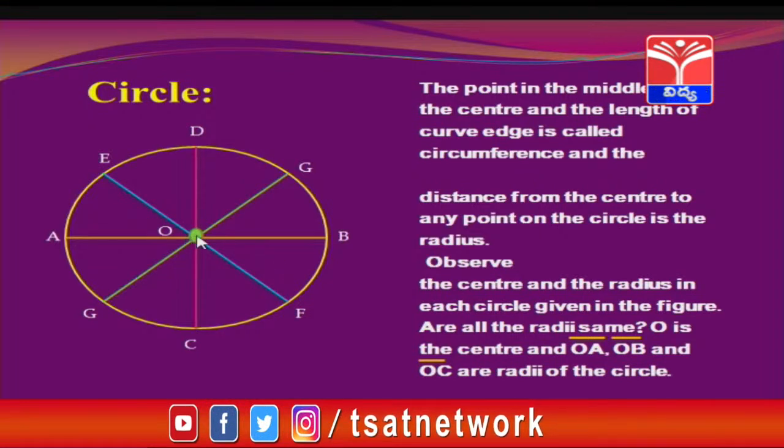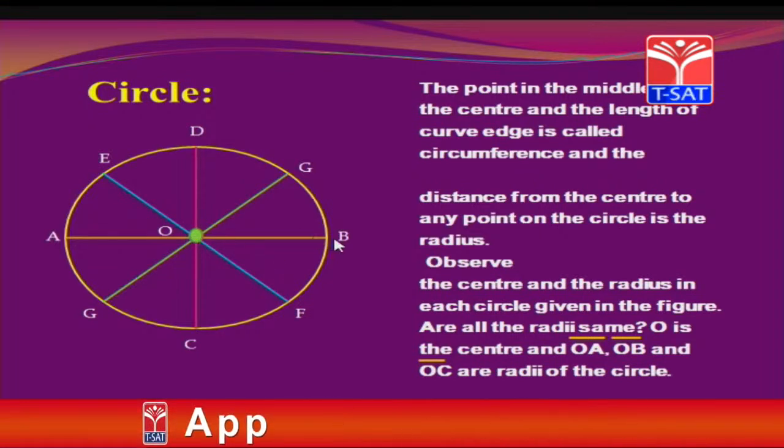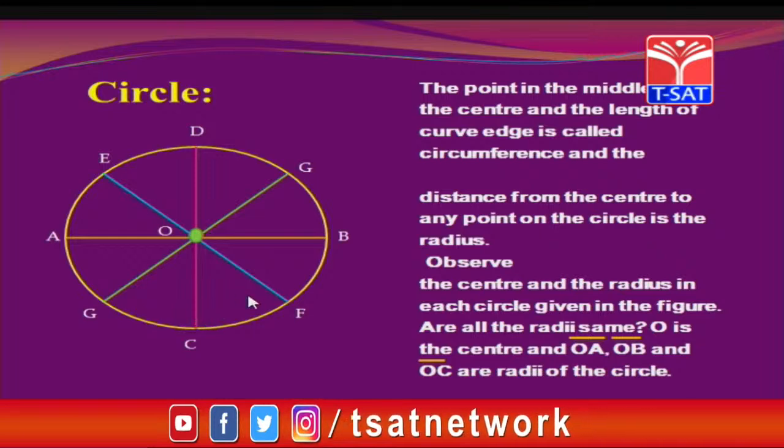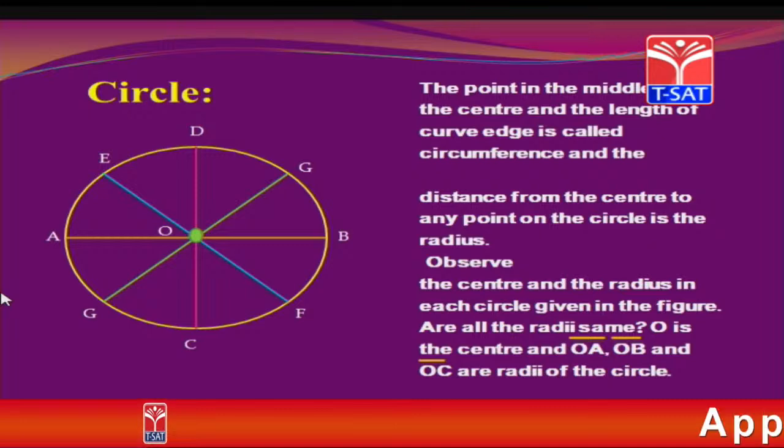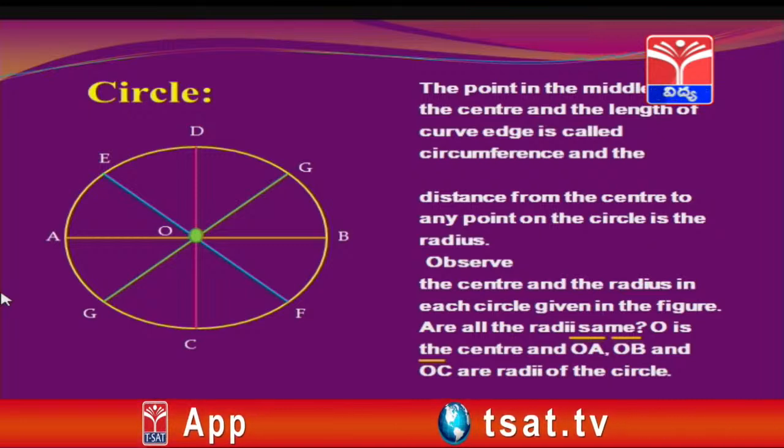The distance between the center and the point on the circle is called the radius. Here, how many radii are there? You see 1, 2, 3, 4, 5. Like that, we can draw infinite radii. Here OA, OB, OC, these are all called radii, and every single one, OA, is called a radius.